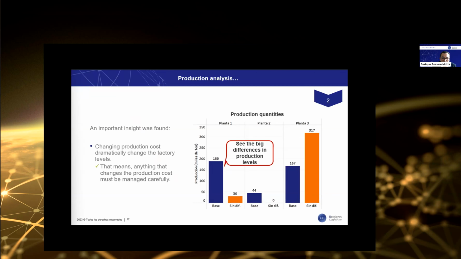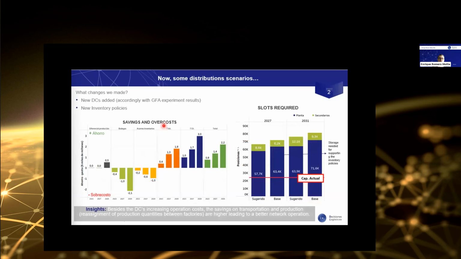Then we moved to some distribution scenarios, to understand a little bit how we can change the configuration of the network in order to get better solutions, better alternatives. And then with all of this information in hand, we can create our proposal strategy.